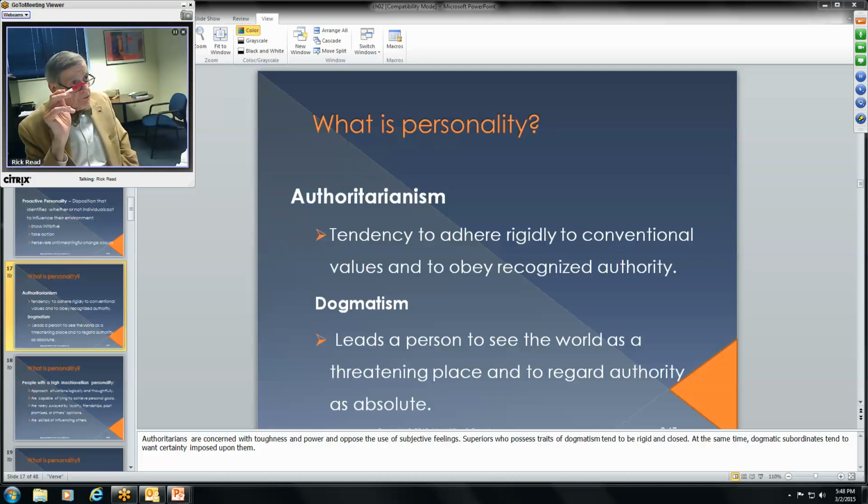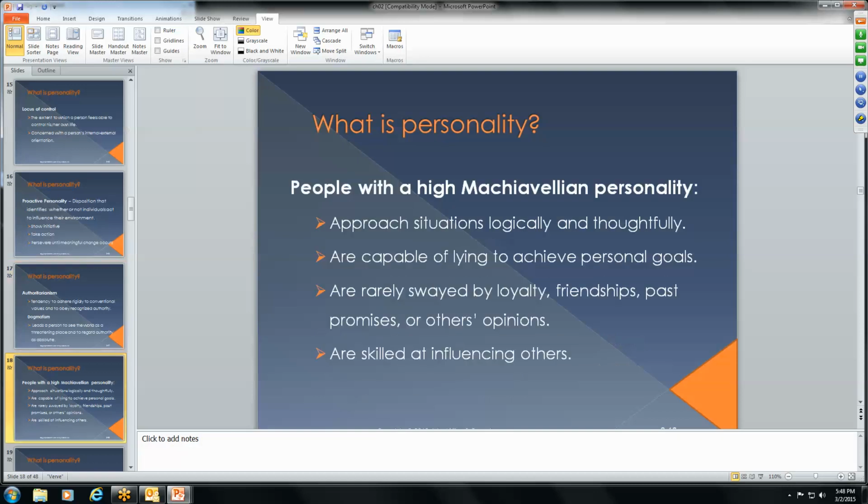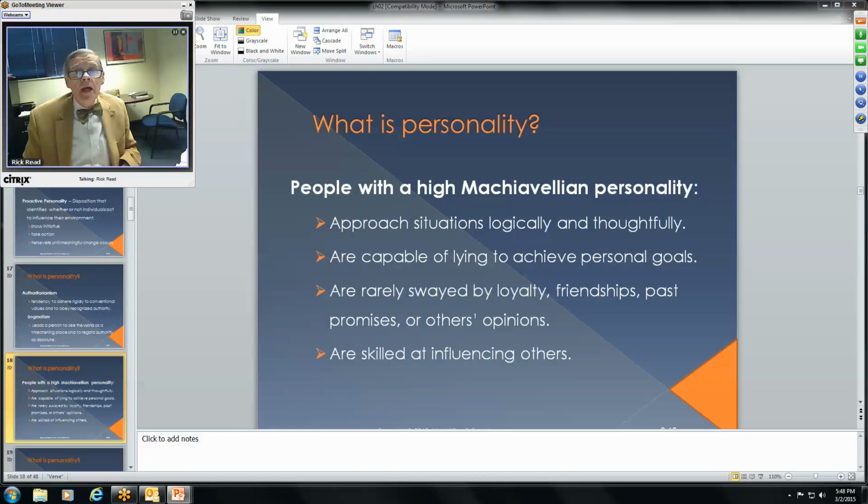Now, this next concept we come to is Machiavellianism. This is named after Niccolo Machiavelli, who was a bureaucrat, for lack of a better term, in Venice many centuries ago, I guess is the best way to say that.